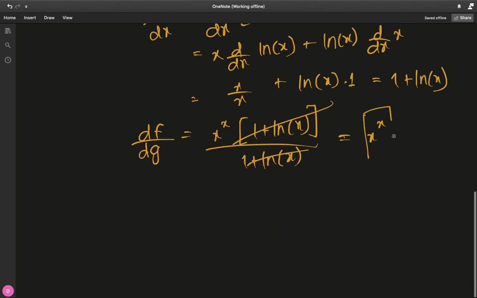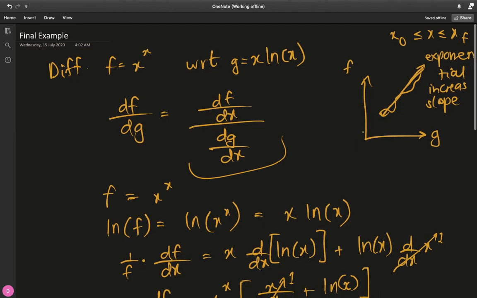Isn't that really nice? You can graph this up again. I'm sure this graph will increase like crazy.